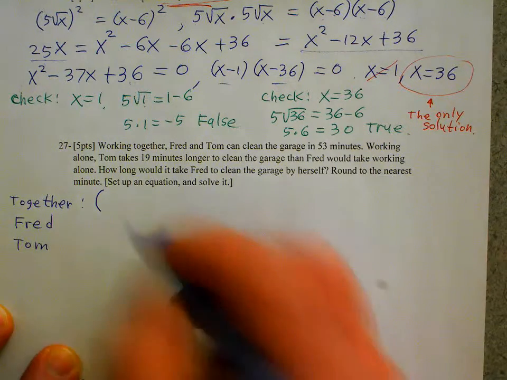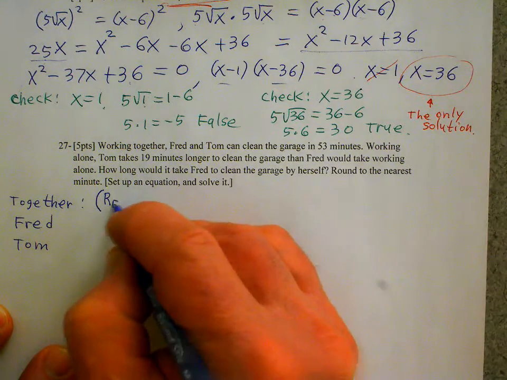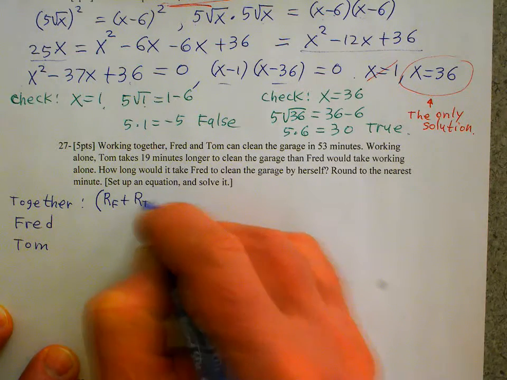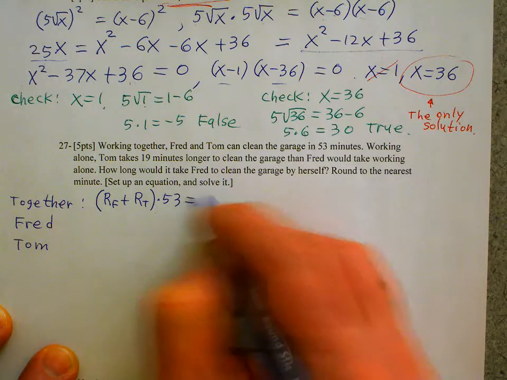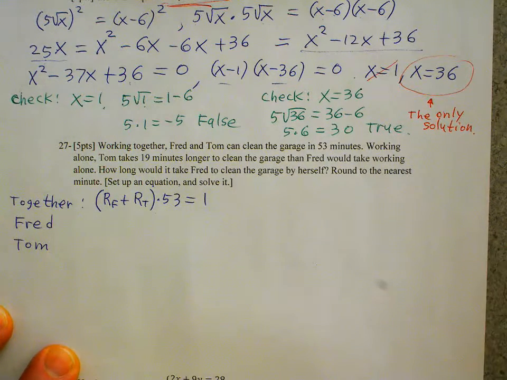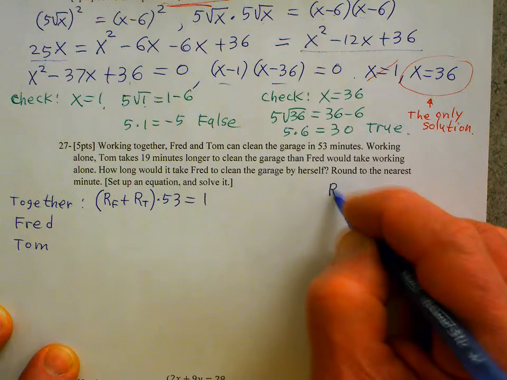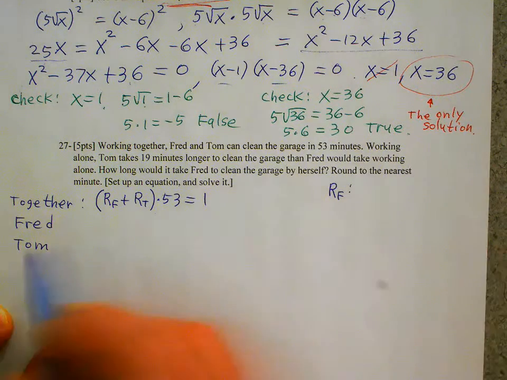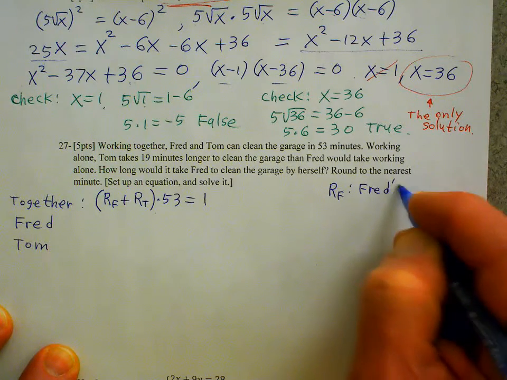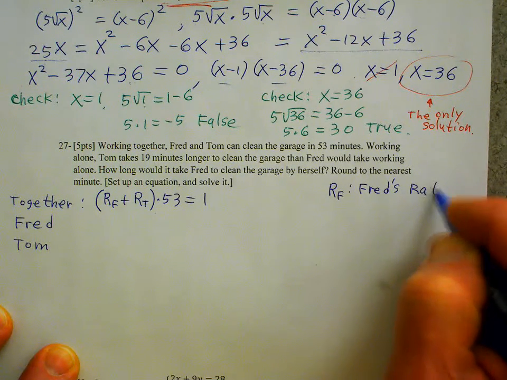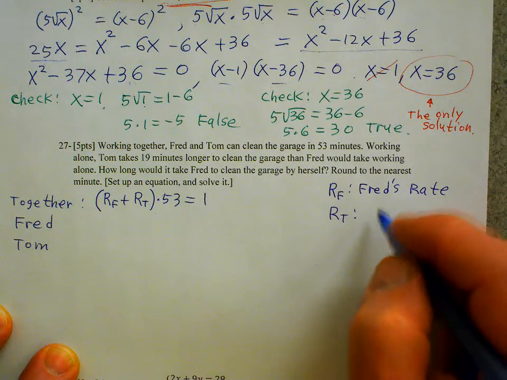When they work together, the overall working rate is Fred's rate plus Tom's rate multiplied by 53 minutes. They can clean one garage. So just to expound a little bit, R sub f represents Fred's rate, and R sub t represents Tom's rate.